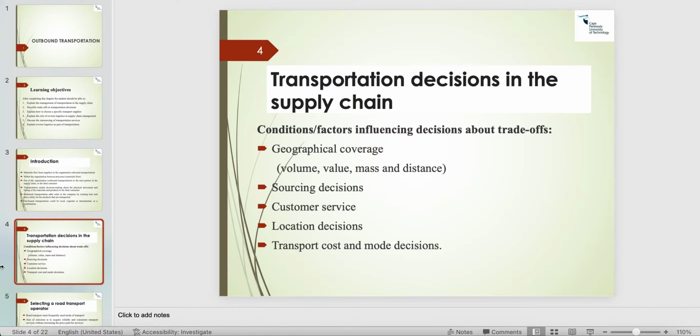Then we have location. Transport systems, your road, rail, or airport infrastructure, do affect the decision about where to locate factories, processing plants, and warehouses. So they are important factors when choosing a location to set up a unit or a warehouse. A simple example is Toyota.